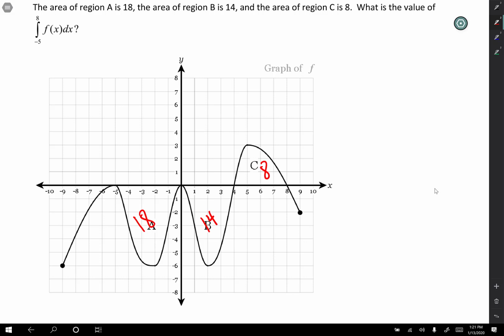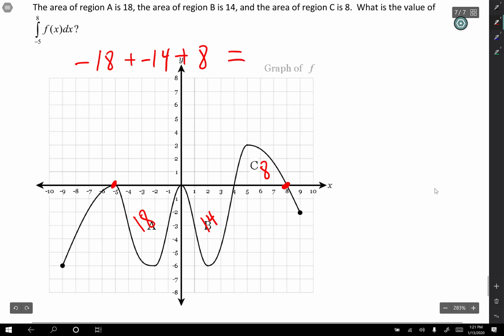So negative 5 starts right here, and 8 stops right there. You're just going to add them all up. Negative 18 plus negative 14 plus 8. Negative 18, negative 28, negative 32. So negative 32 plus 8 is negative 24. Did I add correctly? Yes. All right, and that's it.